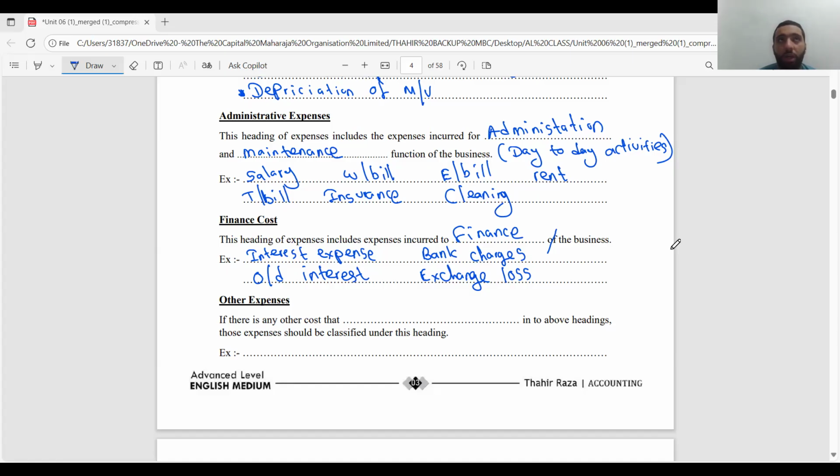Can you remember in 2018 how much was the dollar rate? $1 was 180 rupees. I hope you all can remember. Today, if you see how much is a dollar, for example, 305 rupees, right?